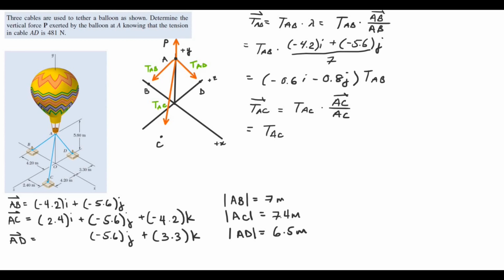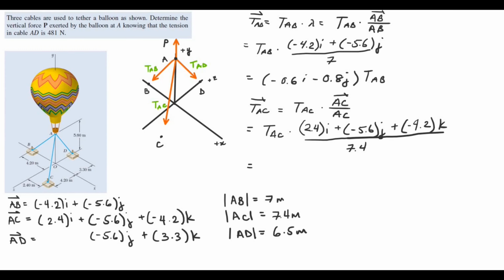This will give you tension AC times 2.4i plus minus 5.6j plus minus 4.2k over the magnitude AC, which is 7.4.